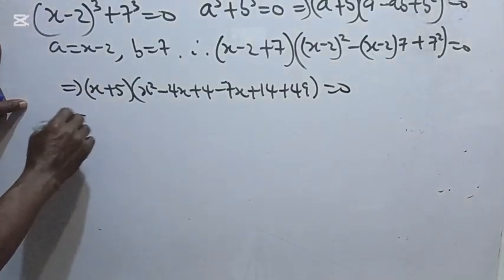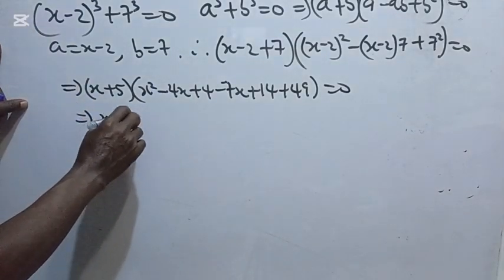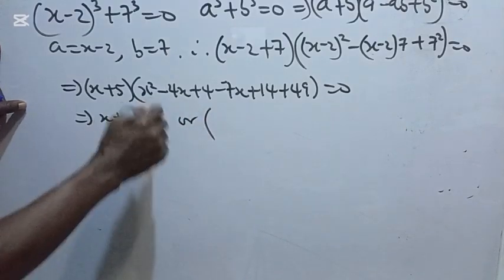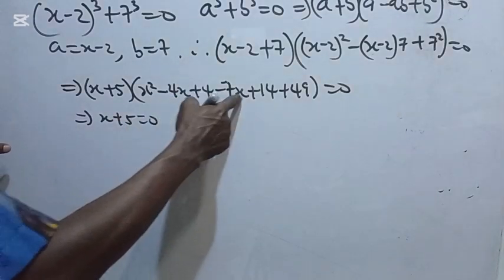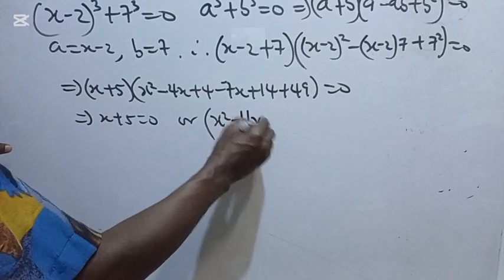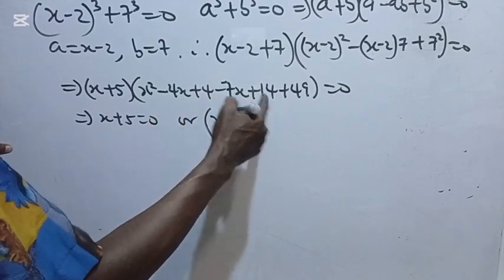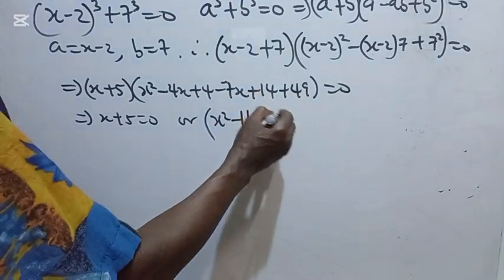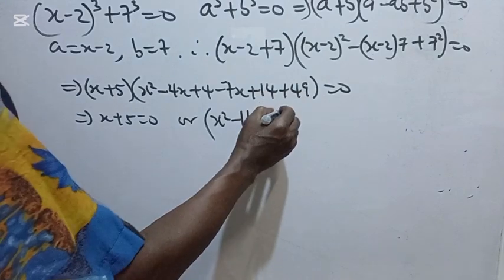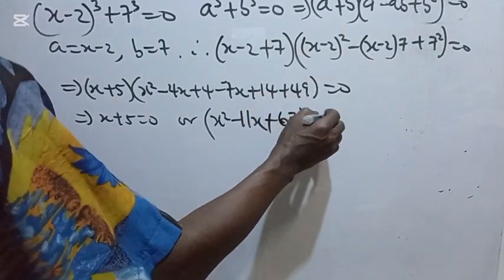So this could be x plus 5 equals 0, or the whole of this. x squared minus 4x minus 7x, that's minus 11x, plus 4 plus 14, that's 18, plus 49, that's 67, equals 0.